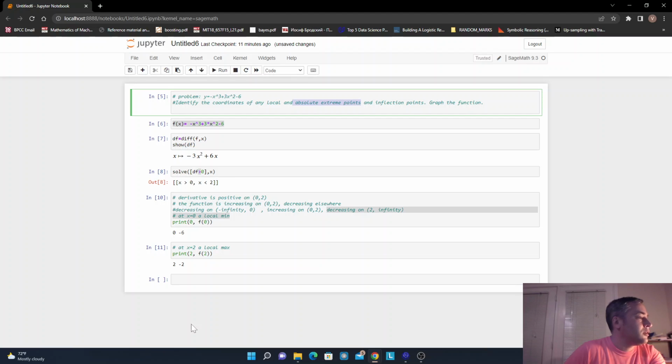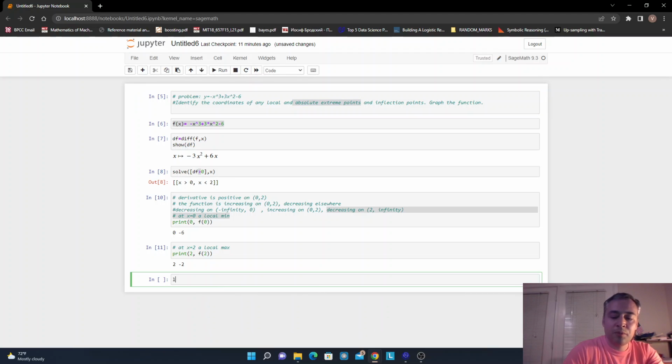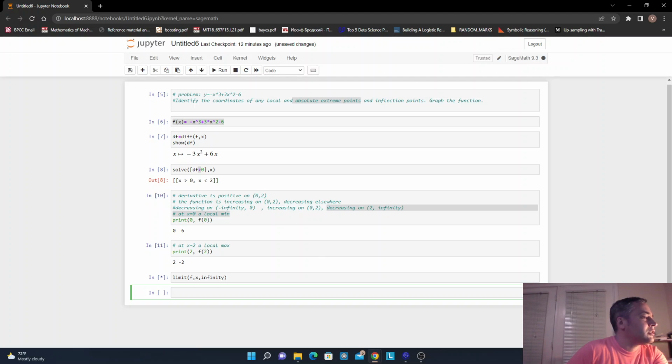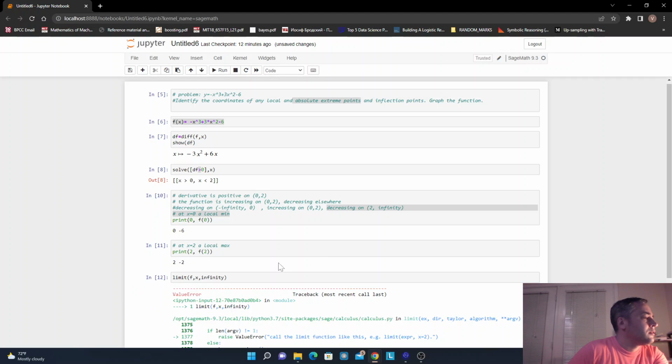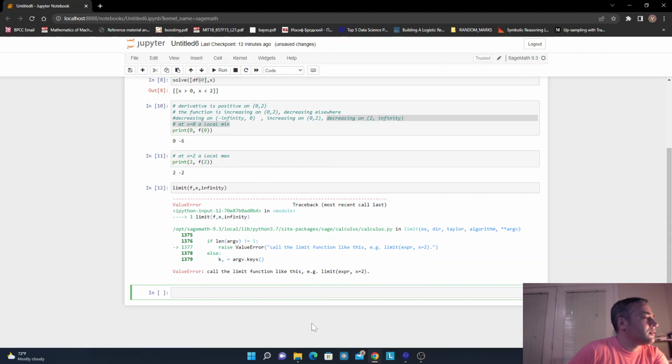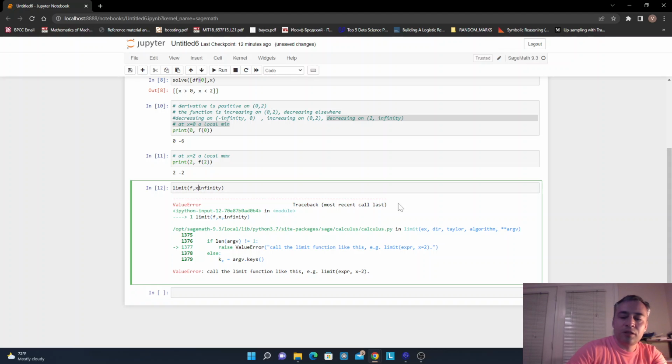And how do we know that? Let's remember limit f, infinity. I think that's how it works. Maybe I need an x here, but we'll figure it out momentarily. Whoops. Expression, oh, okay, equality.